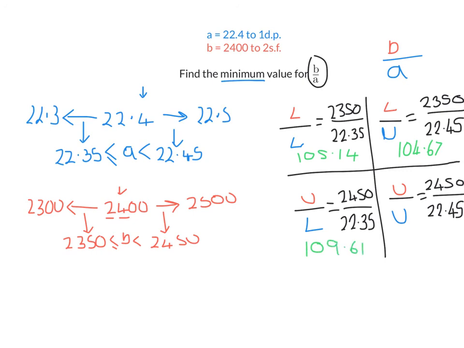And 2,450 divided by 22.45 is 109.13. So I'm looking for the minimum.